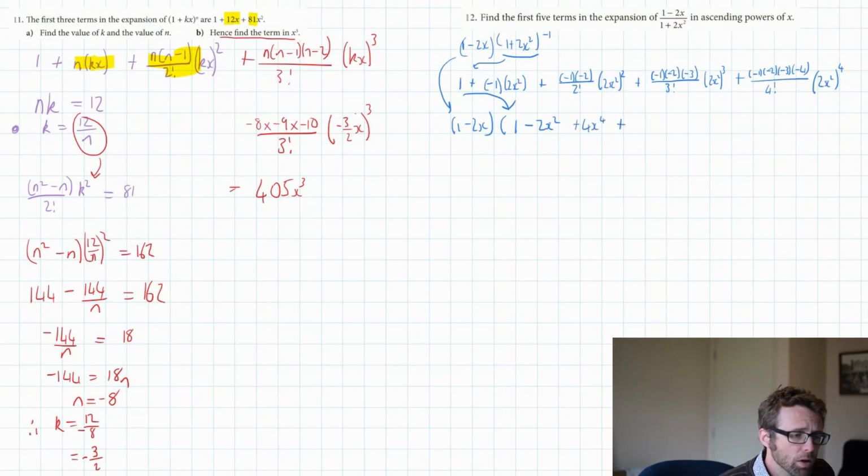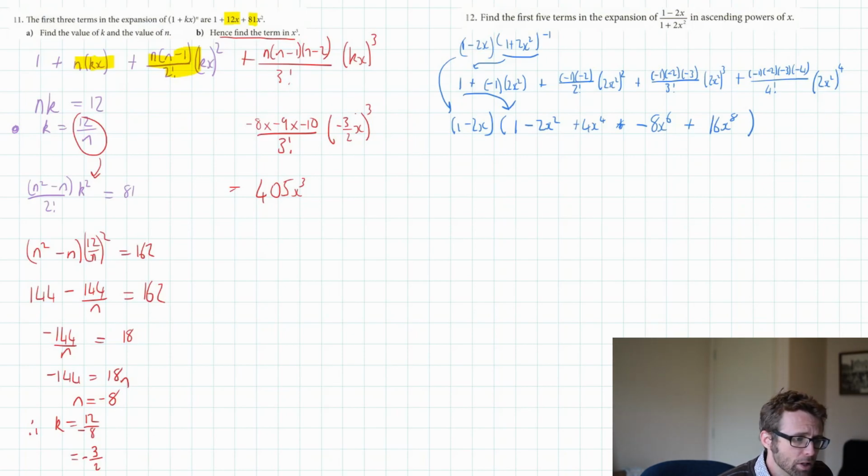The next term will be negative, so we can get rid of that, negative 8x to the 6. The next term, okay, so 4 factorial will cancel out, so we'll end up being 1 there, so it'll be 16x to the 8.